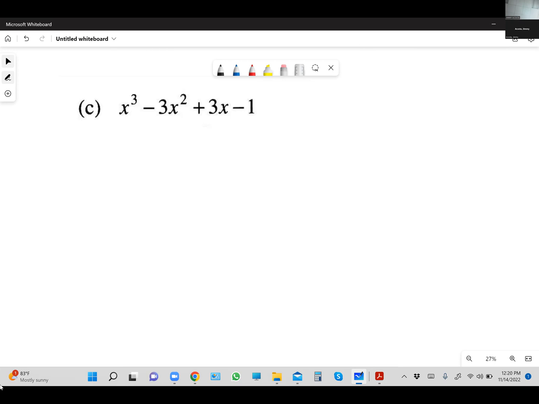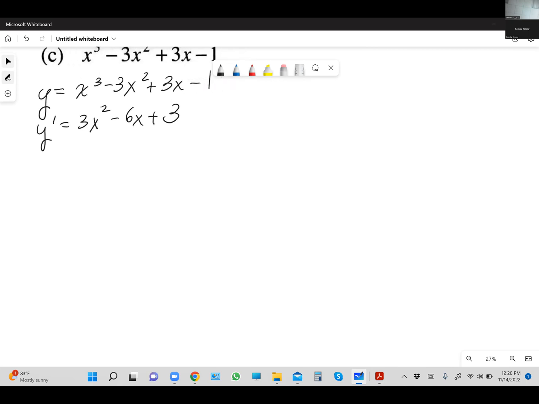Okay, so we have y equals x cubed minus 3x squared plus 3x minus 1. I'm going to go ahead and do the derivative of this. This is going to be 3x squared minus 6x plus 3. So the derivative is actually quadratic.